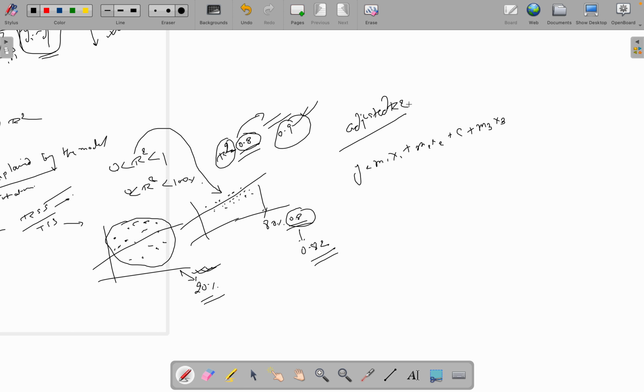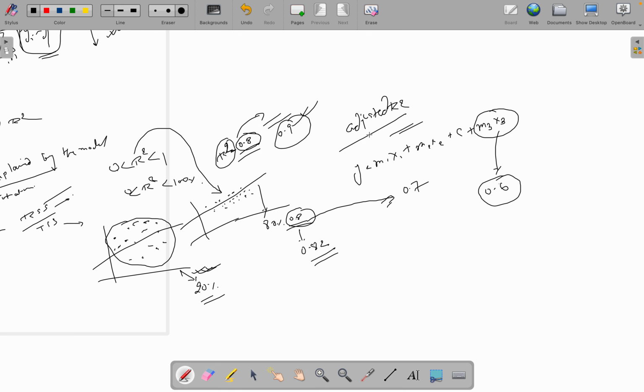When I calculated the adjusted R square, suppose earlier it was 0.7. Now I added one more feature, m3 x3, and after adding this, my adjusted R square value dropped to 0.6.